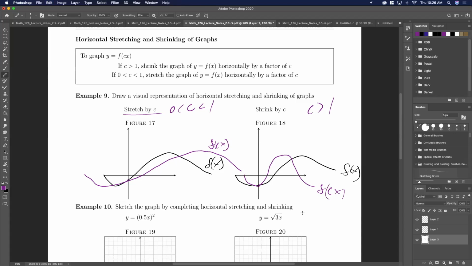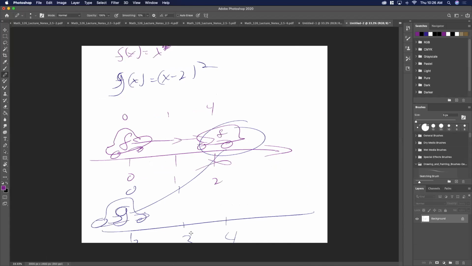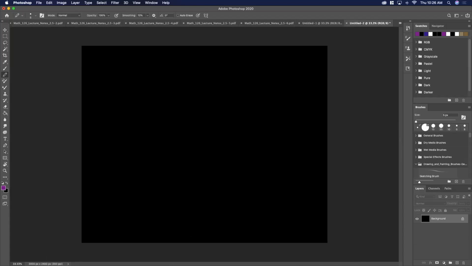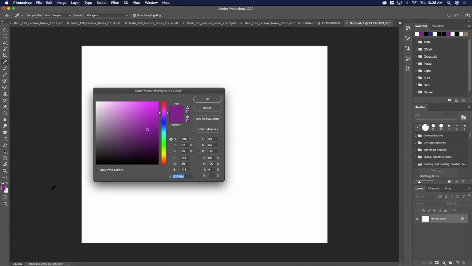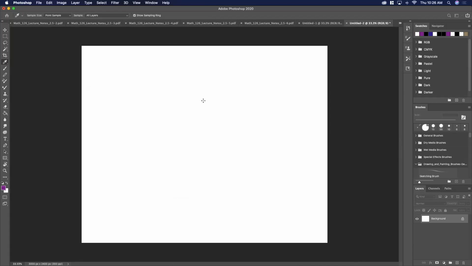And so if you think about this, let me go back to my car analogy real quick. Let's pretend we have two cars.